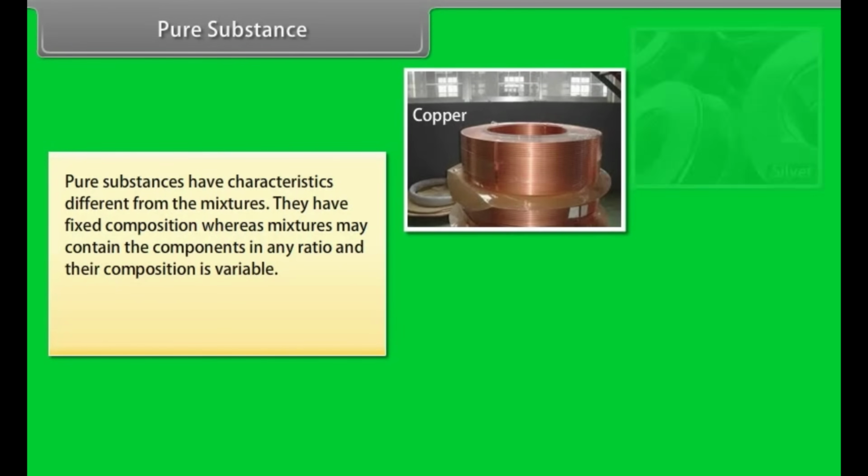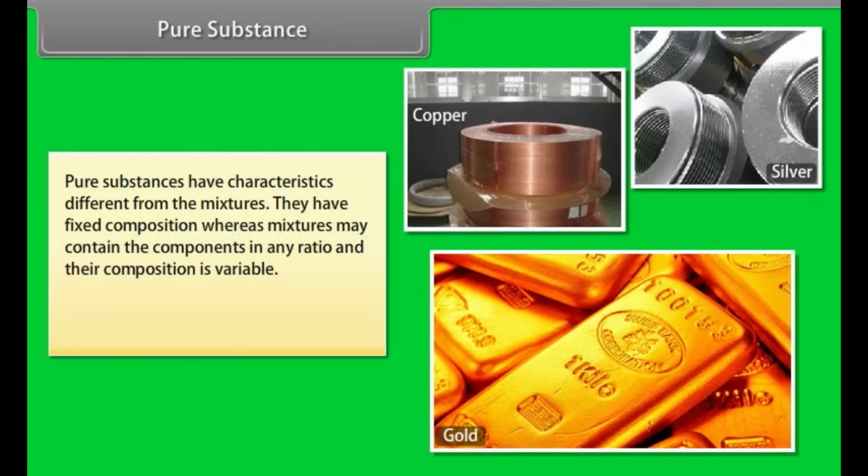Pure substance. Pure substances have characteristics different from the mixtures. They have fixed composition, whereas mixtures may contain the components in any ratio and their composition is variable. Example, copper, silver, gold, water, glucose. Classification of pure substance.